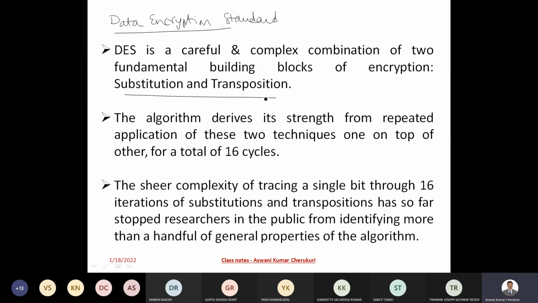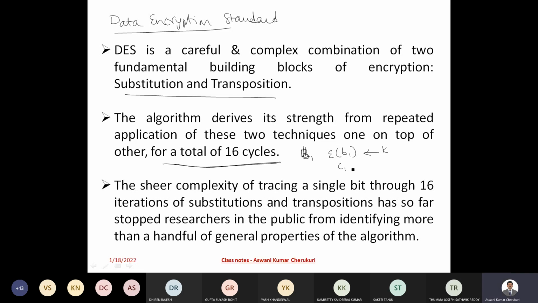Now the point is, when it is performing the encryption process on a particular block, it is going to perform that encryption operation not one time, but a total of 16 cycles. This is very, very important. The algorithm takes a block, say B1, and applies the encryption algorithm over the block with the help of a key, and you get a ciphertext.